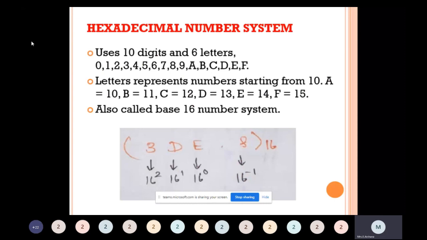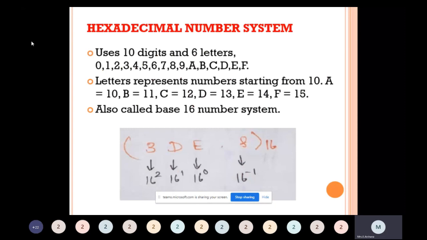See this example: 3DE.8. What is the value for D? D is 13. While we expand this hexadecimal, we expand like this. The first digit is 3, so 3 into 16 power 2 plus D, and D stands for 13, so 13 into 16 power 1 plus E into 16 power 0.